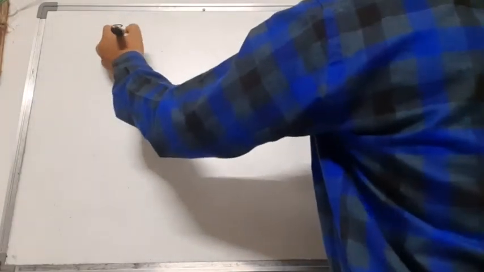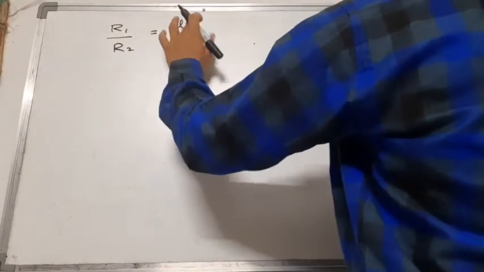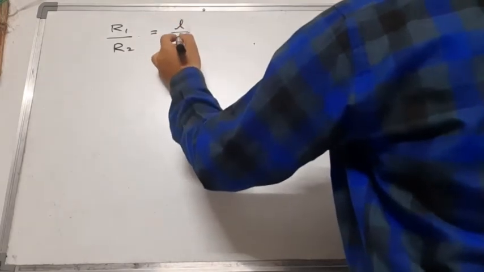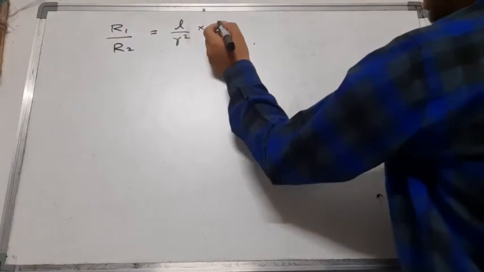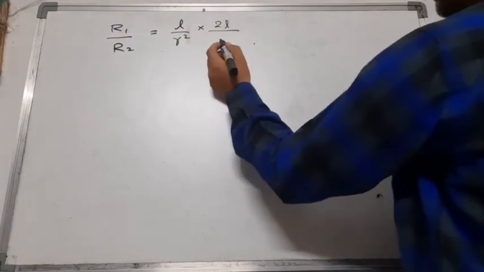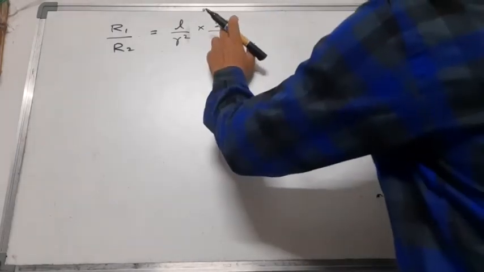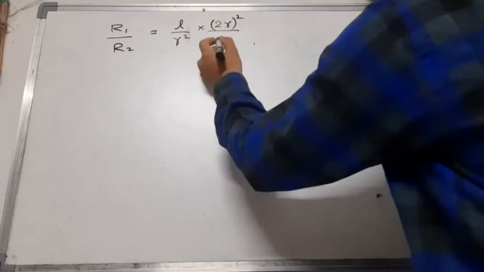So you will get like this. R1 by R2 is equal to L1, that is L. L1 is L by R square. R1 is R square into L2, means 2L, and here R2 square you are getting, no? So 2R whole square by L2.